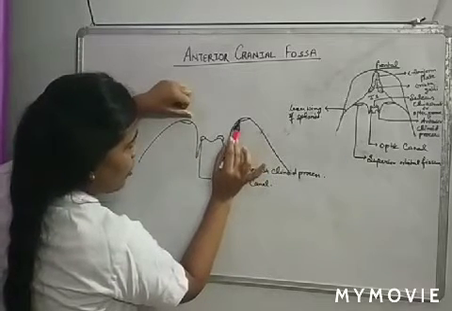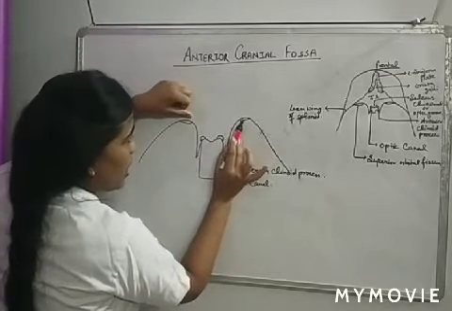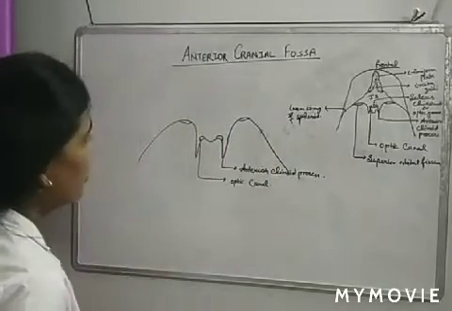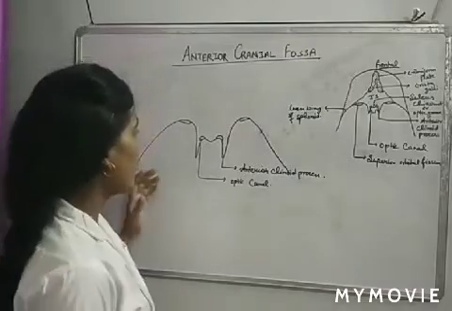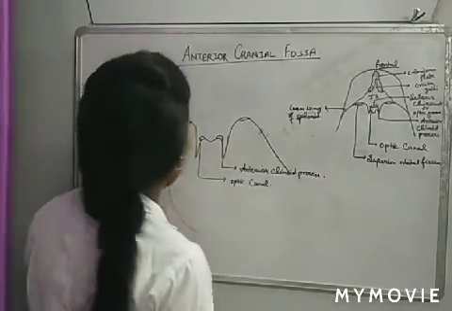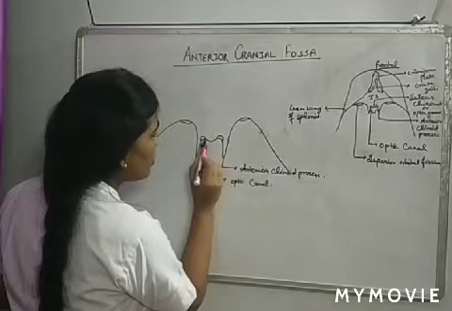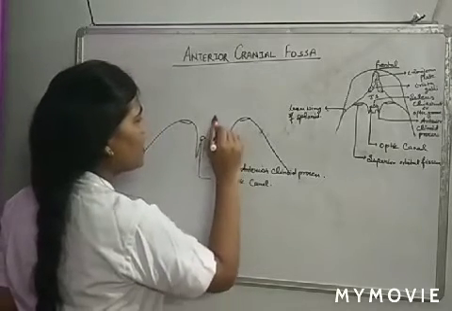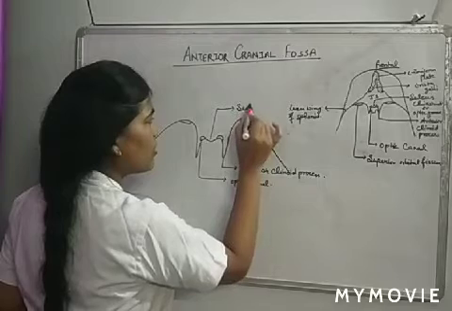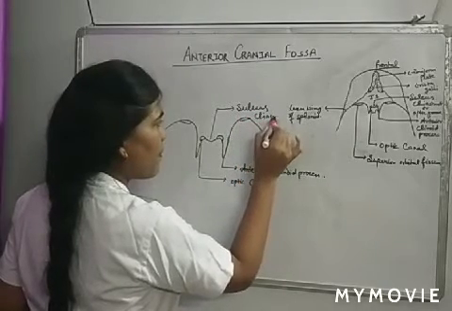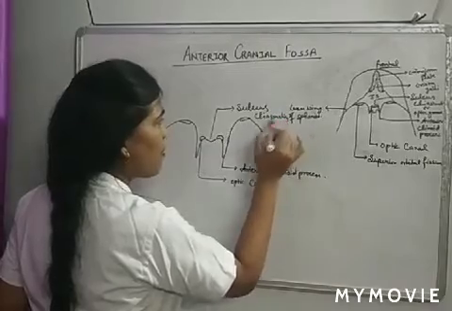So this is all about the lesser wing of the sphenoid, and there is a groove which is called the sulcus chiasmaticus.